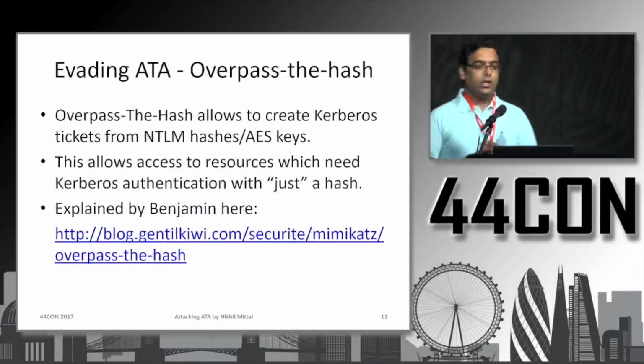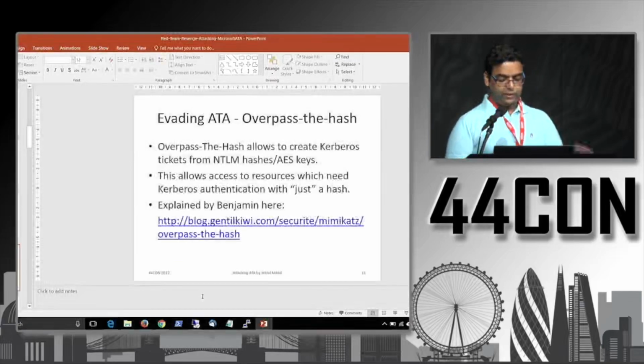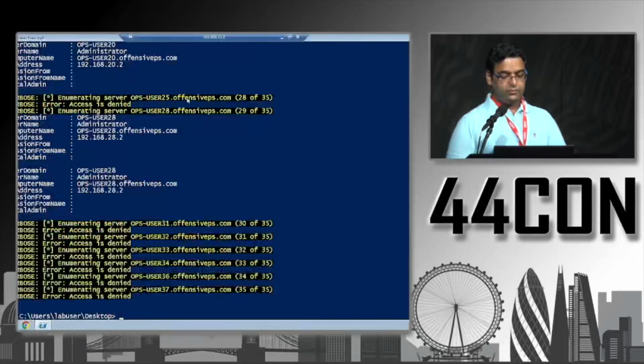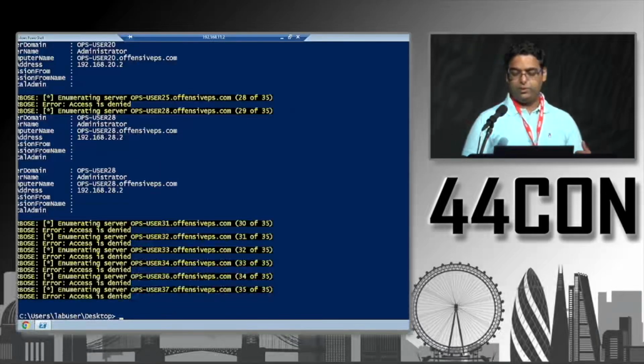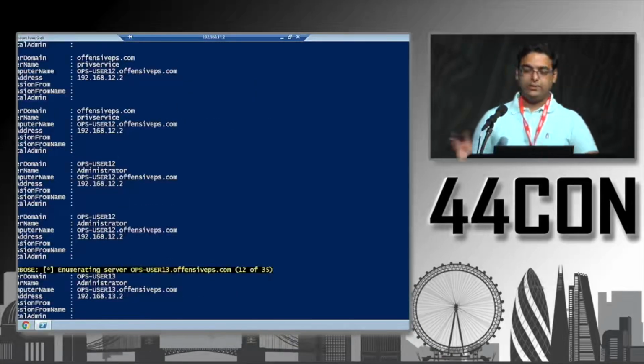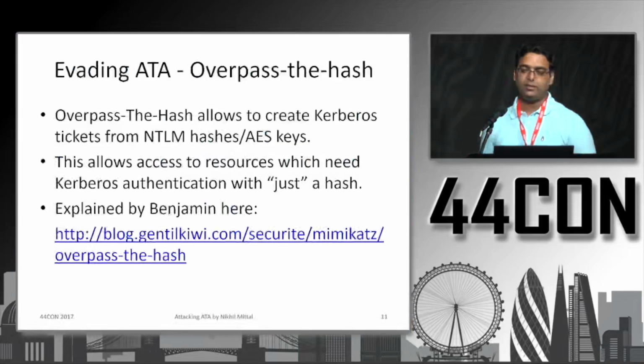Now, once we have identified, let's make a quick assumption that we identified some boxes where we have a domain admin token available. There are many. We just dump the credentials, that is, the NTLM hashes of the domain admin.